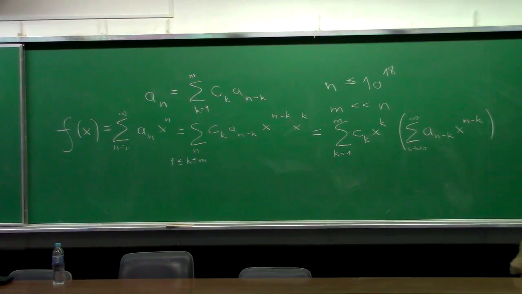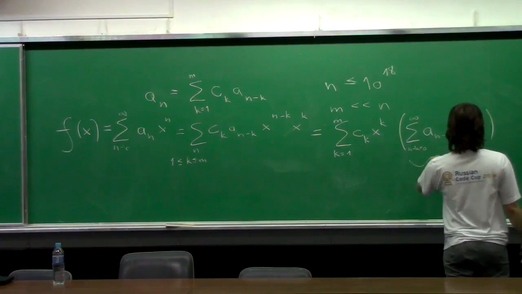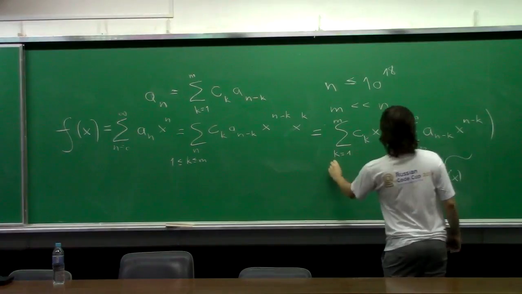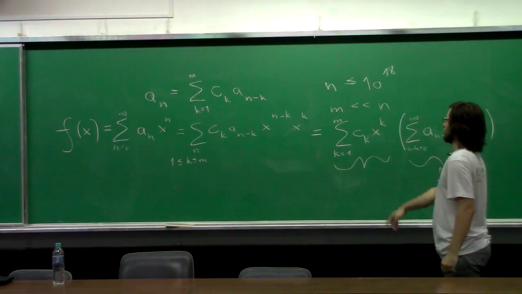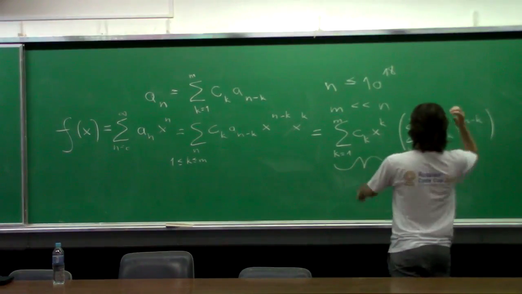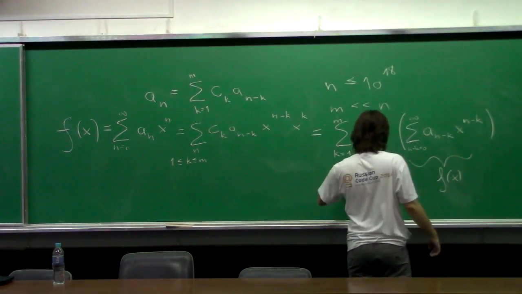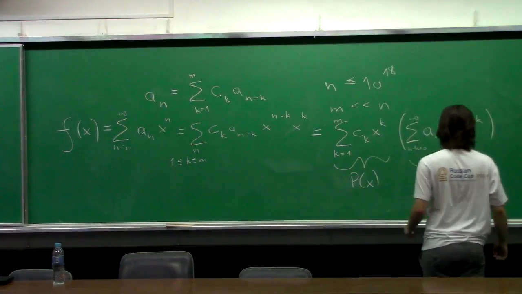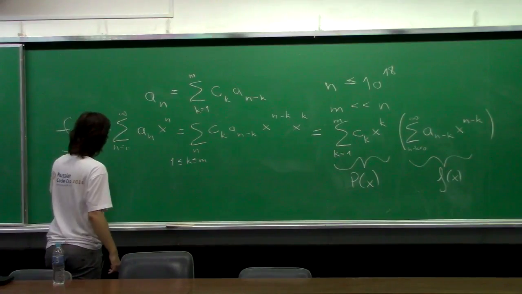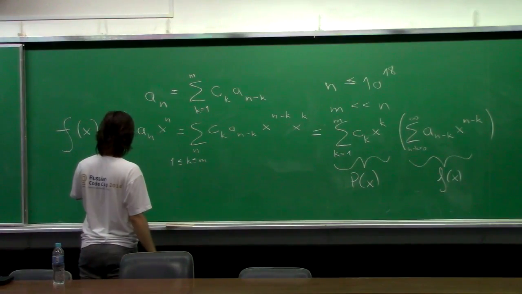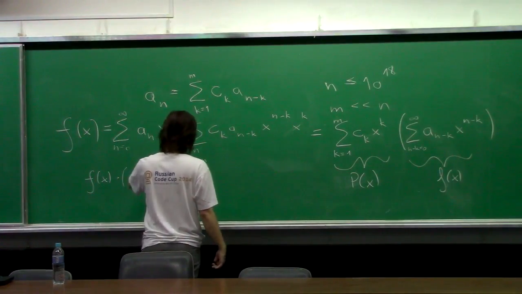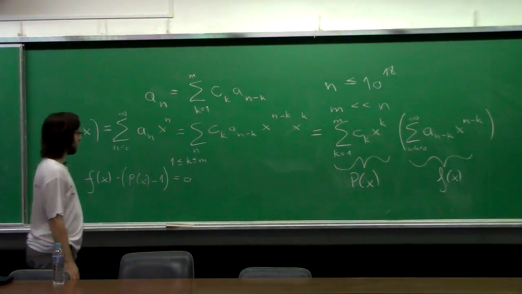And we can notice that this is again the function f. And this is some polynomial, because it doesn't have the sum up to infinity, but only up to m. So it's a polynomial in x, and we can call it p(x). So we have a formula f(x) times (p(x) minus 1) equals 0.